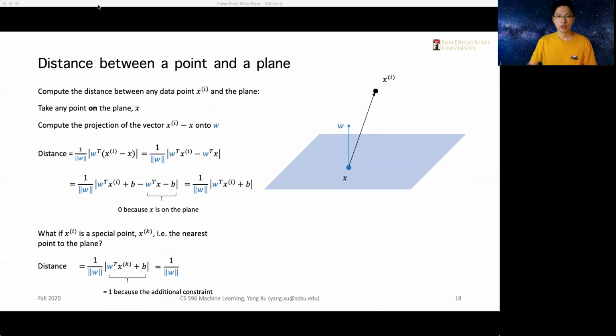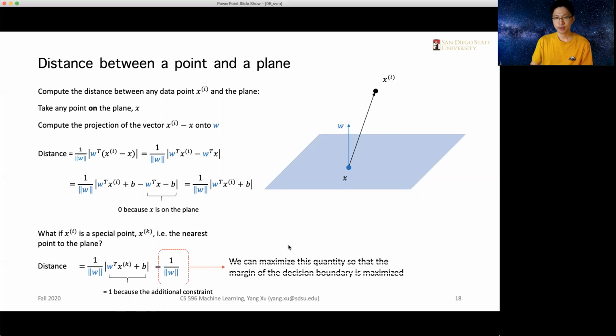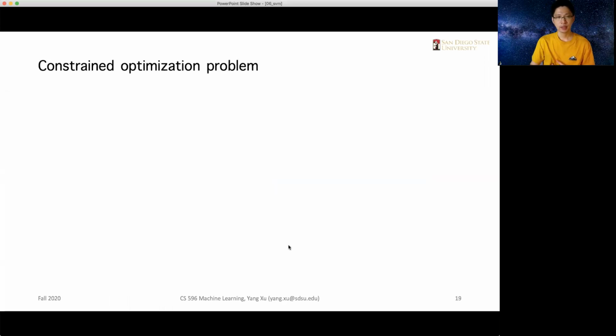So now the optimization problem becomes that we want to maximize this term. We want to maximize 1 over the norm of W, which is equivalent to minimizing the norm of W, right? Because W is the denominator, right? So the whole thing becomes this.